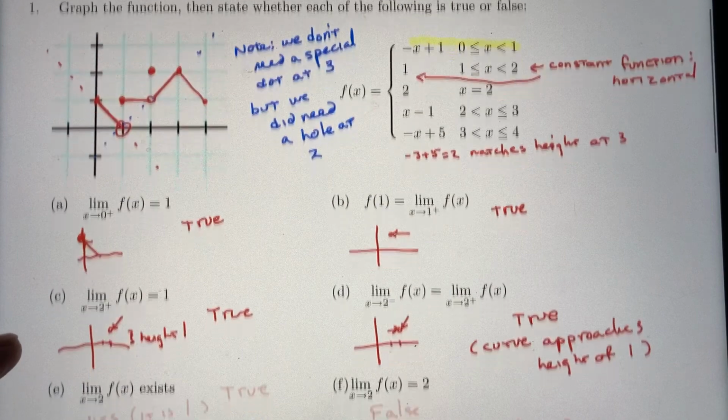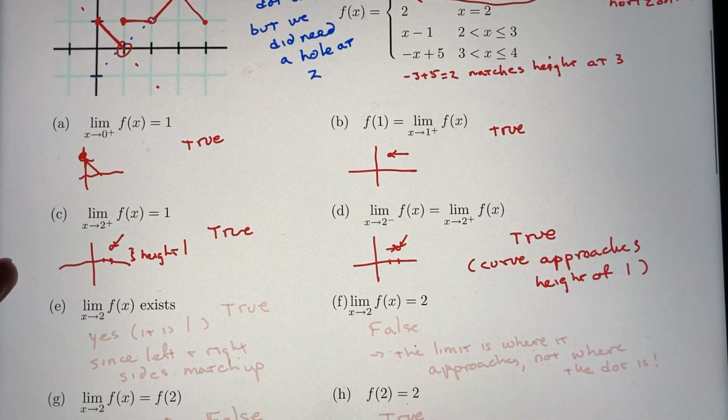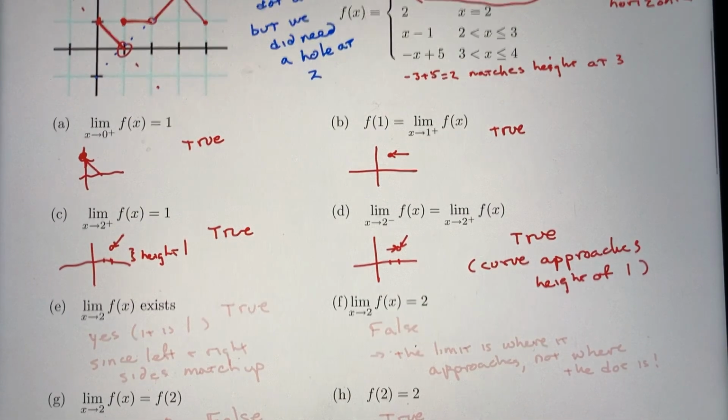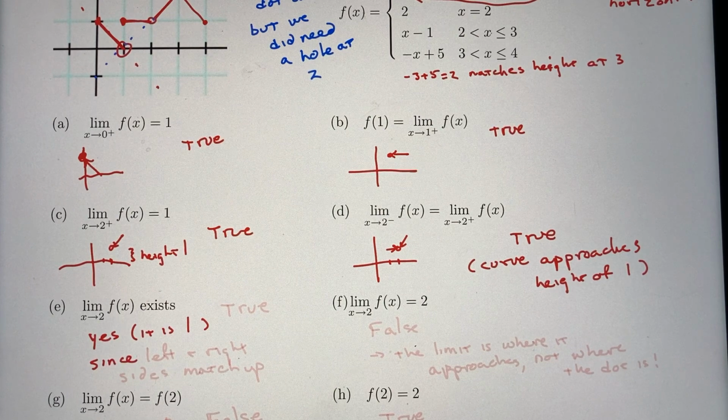Okay, both sides approach a height of 1. Does the limit as x approaches 2 exist? Yes. So this one is true.